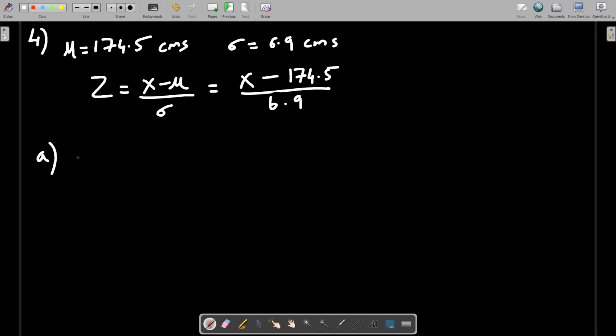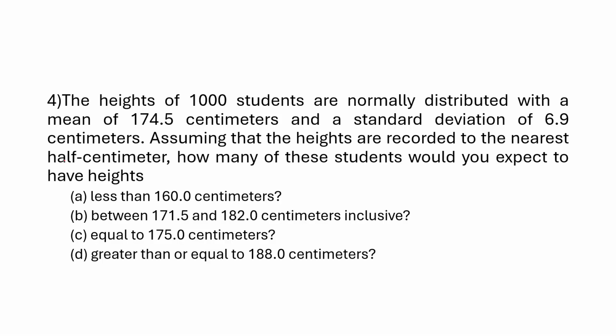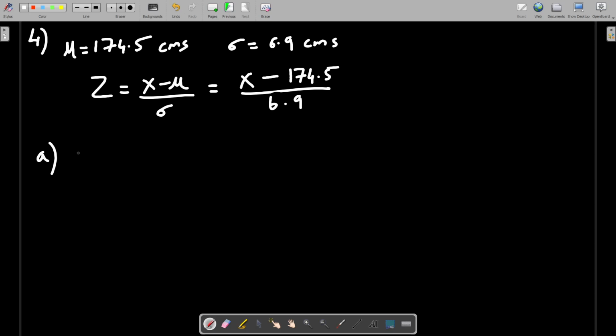So now in the A part we have been asked for less than 160 centimeters. So they want to know the number of students less than 160. So first we'll find the probability of x less than 160 centimeters.